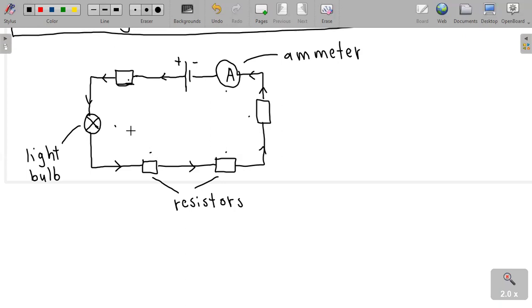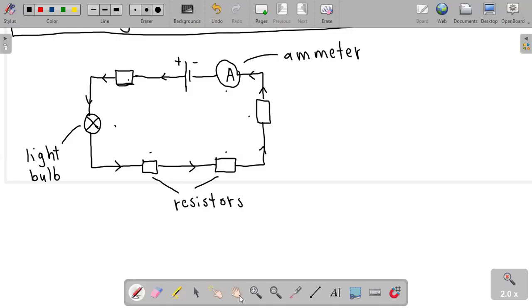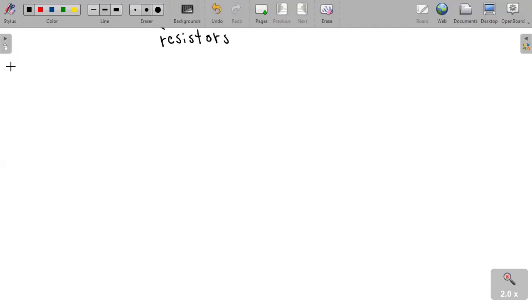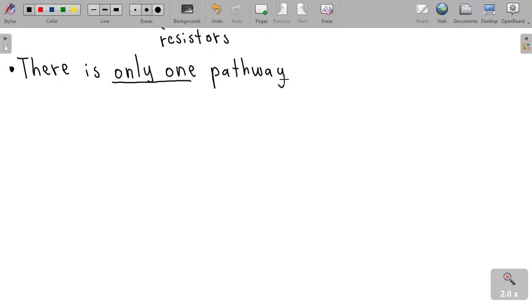So what are the key points? There are three key points that you should remember about a series circuit. The first one is that there is only one pathway for the electrons to flow.